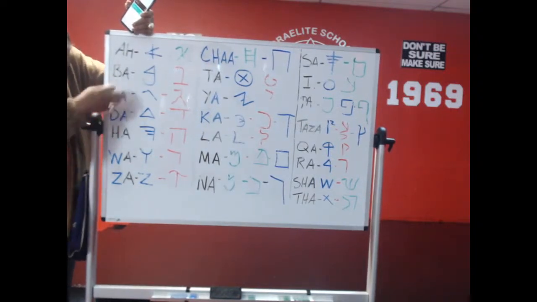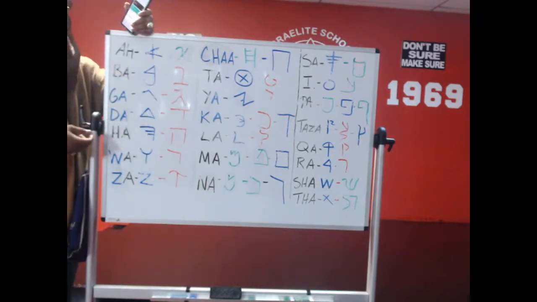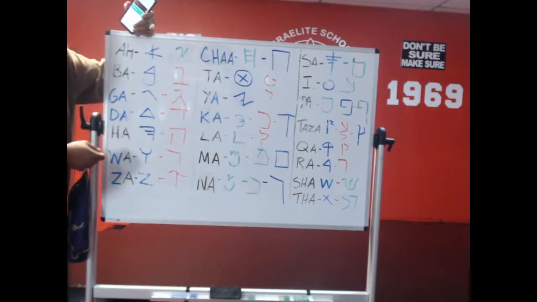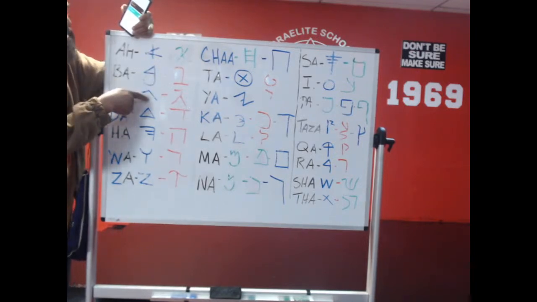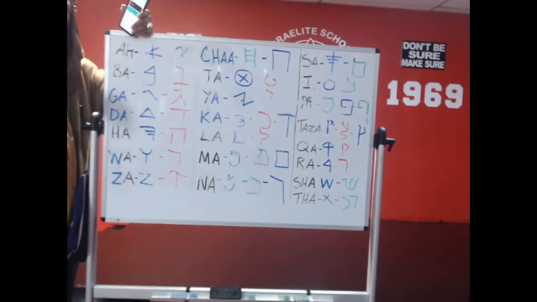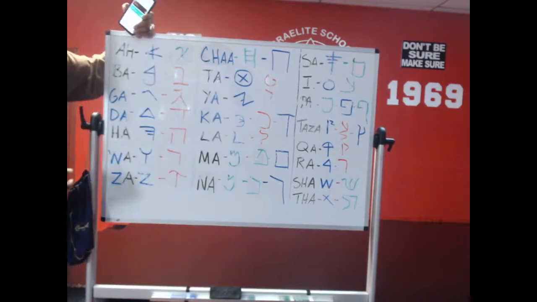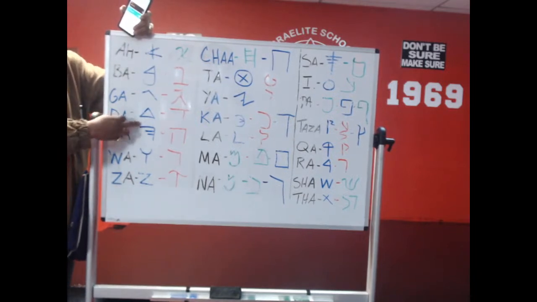Then next we have Ba, which can look like the number 4, but with a little hook in it. Then next we have Ga in the ancient Hebrew. It looks like half of a triangle, almost like an obtuse triangle. Then next we have Da, which is a complete triangle.